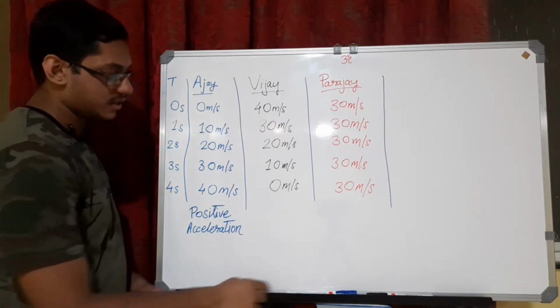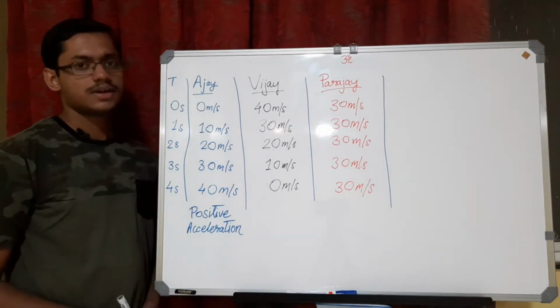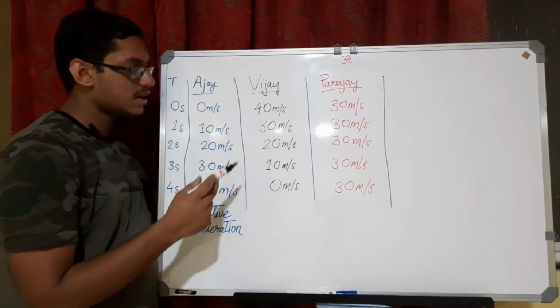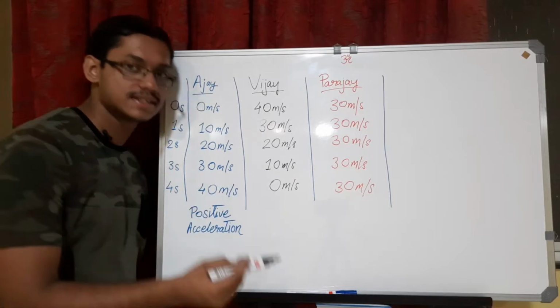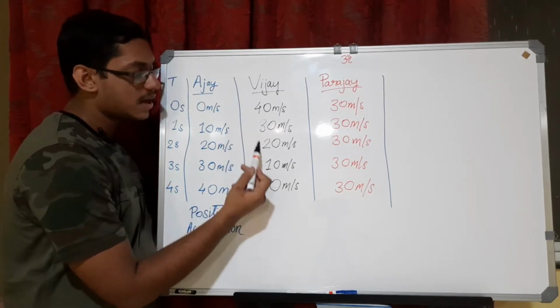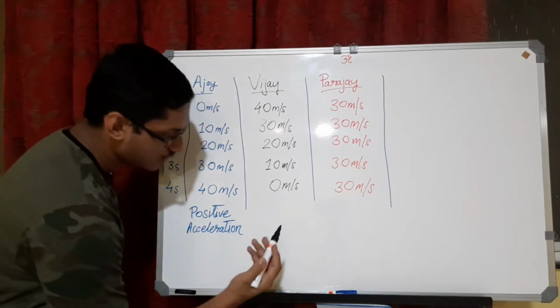Let's see Vijay's velocity data. It was earlier at 40 meter per second. 1 second passed, became 30 meter per second, meaning his velocity decreases. 30 meter per second became 20 meter per second, again 10, again 0. So let me show it here.